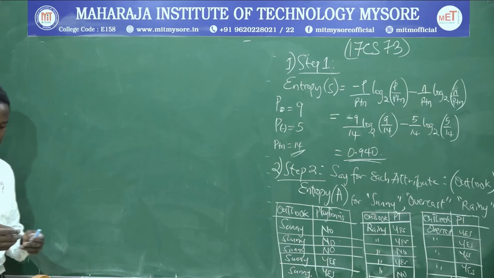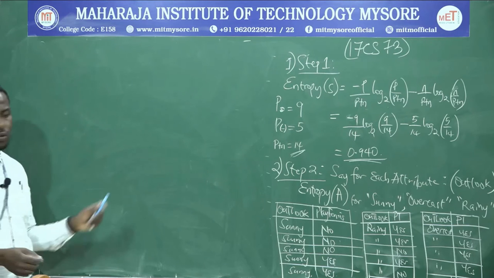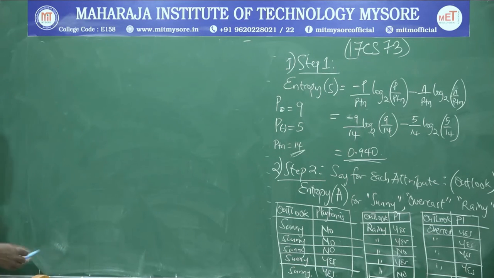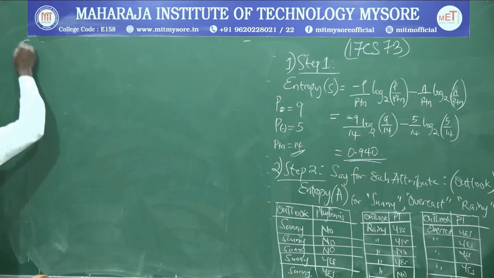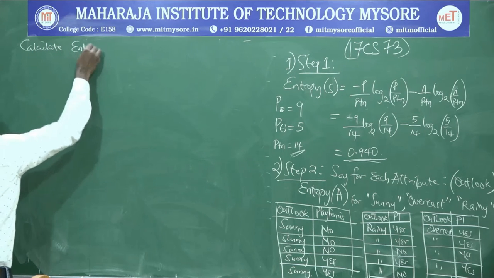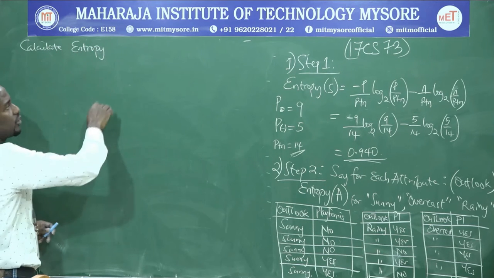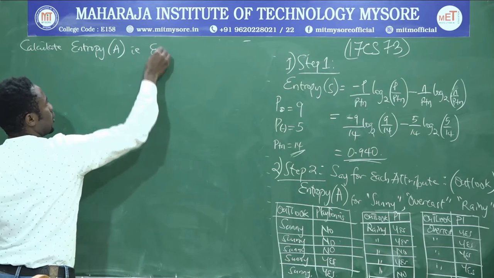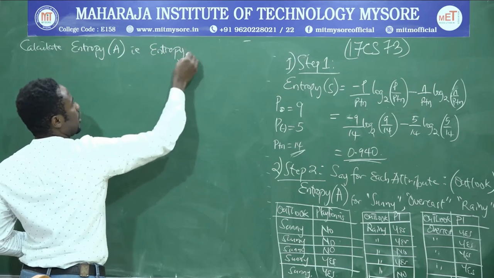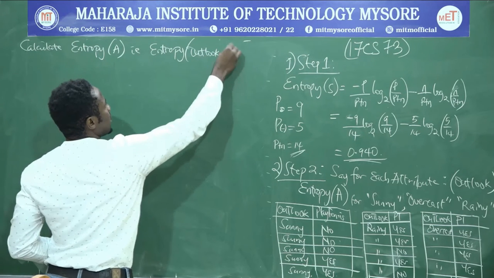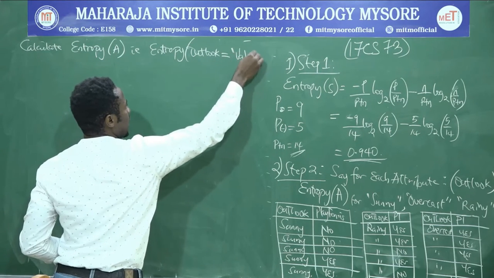All right, welcome back, guys. So what we have to do now is calculate the entropy of all this. Entropy of A, that is entropy of outlook, my A. The respective values of the outlook, right?